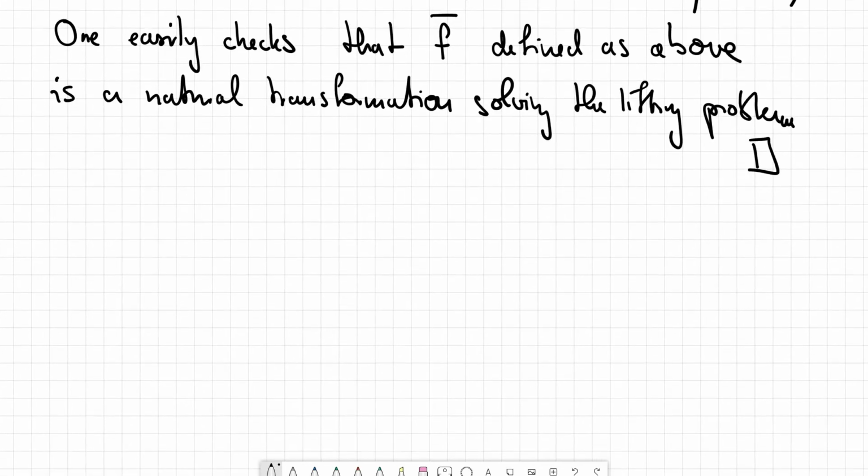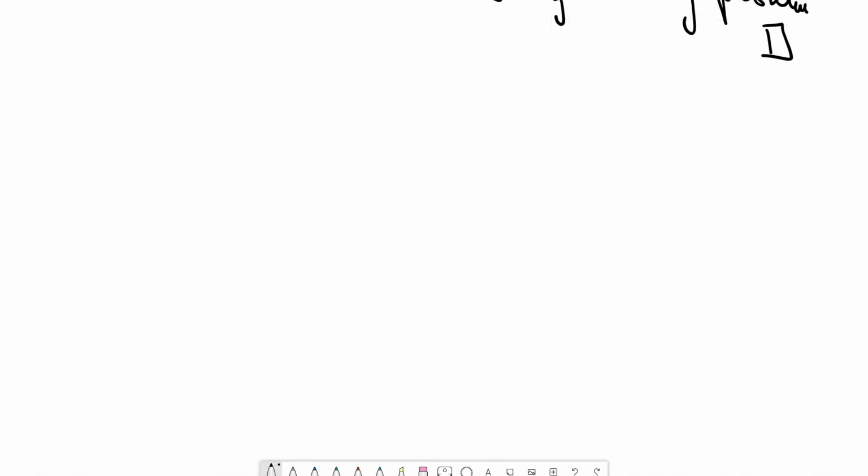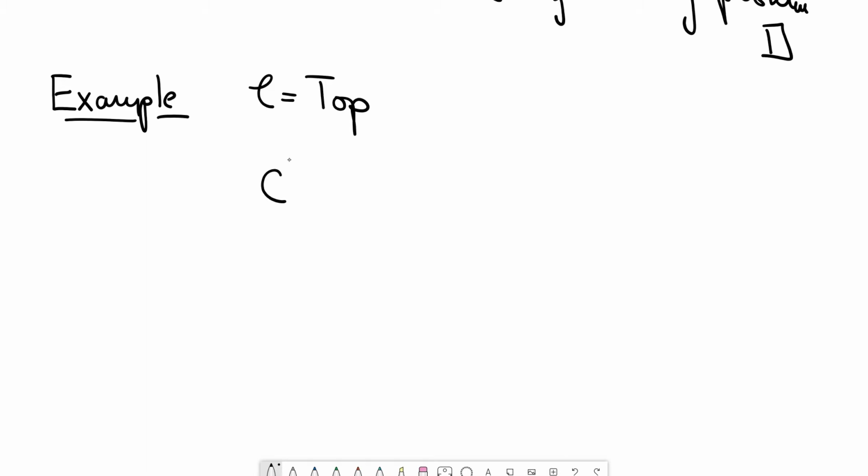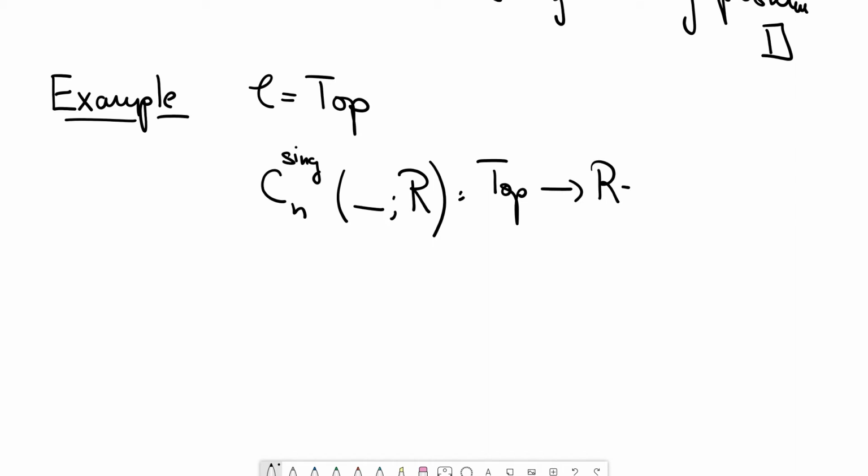All right, so let me give you an example of a free module over some category. And the category I want to look at is the category of topological spaces. And the module is the nth singular chain group. That's definitely a functor from Top to R modules.